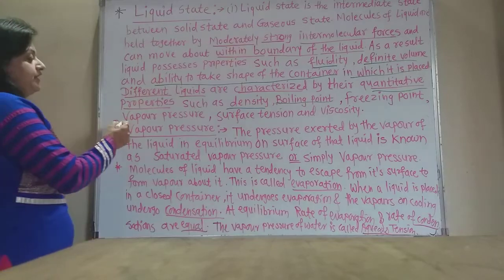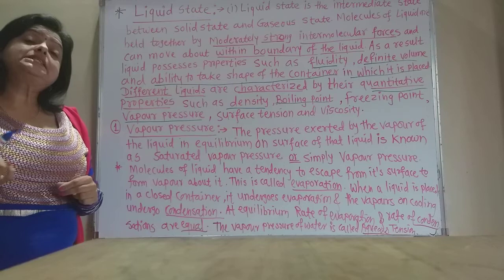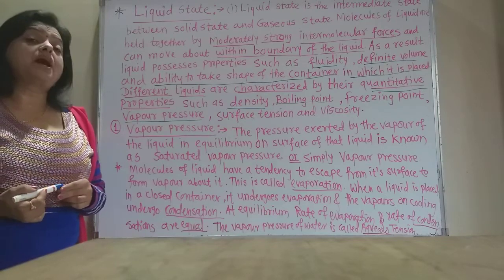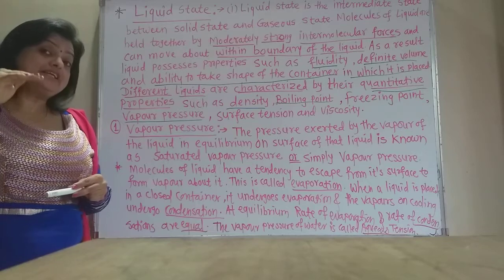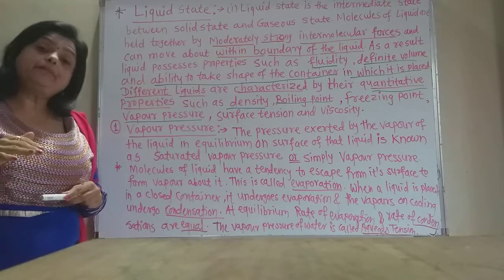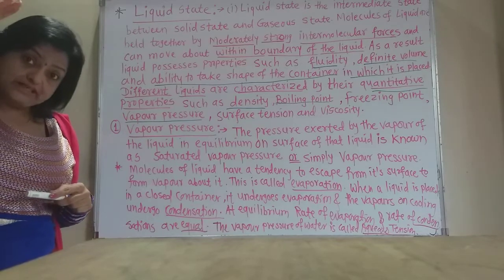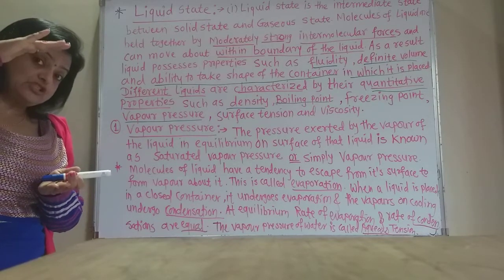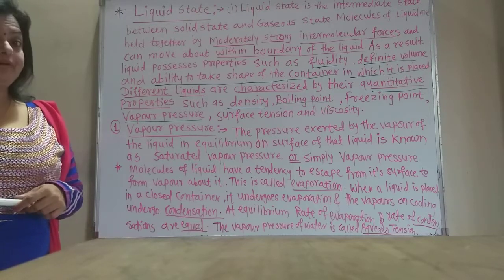Again, the next property is vapor pressure. Vapor pressure is the pressure exerted by the vapors of a liquid on the surface of that liquid, at equilibrium.